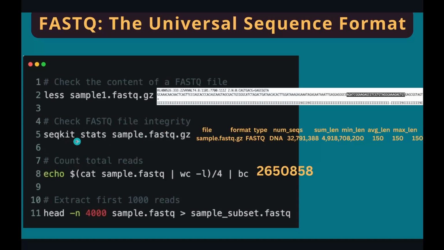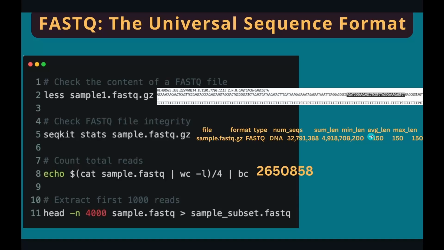The second tool is called seqkit. It can summarize the FASTQ file. So using seqkit stats with your FASTQ file, the output is a TSV format file. So the top line is the column names.